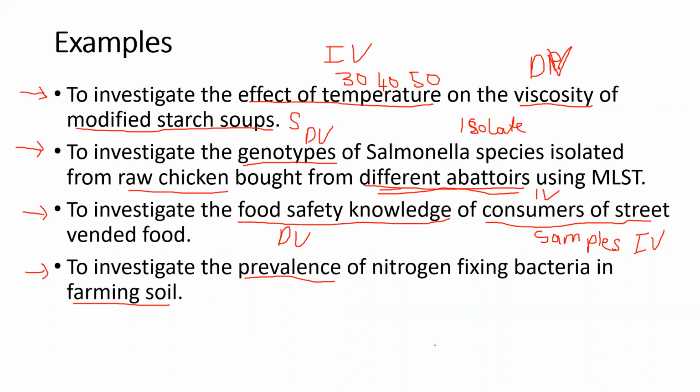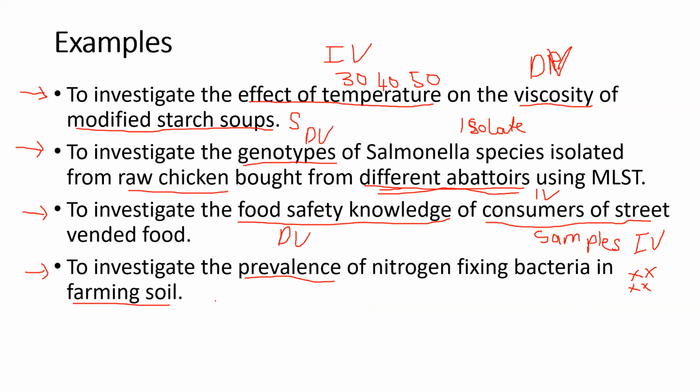But now I'm looking for the characteristics that will categorize my samples into groups. I can't find it. Farming soil, can it categorize our soil samples into groups? No. So you see that this research objective lacks the characteristics that will put our samples into groups. So we can introduce it.